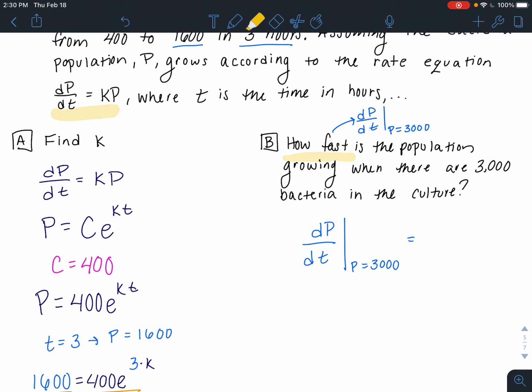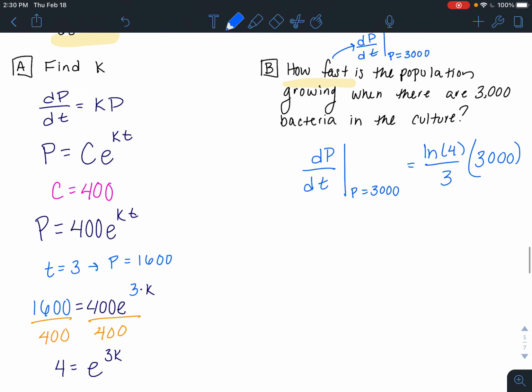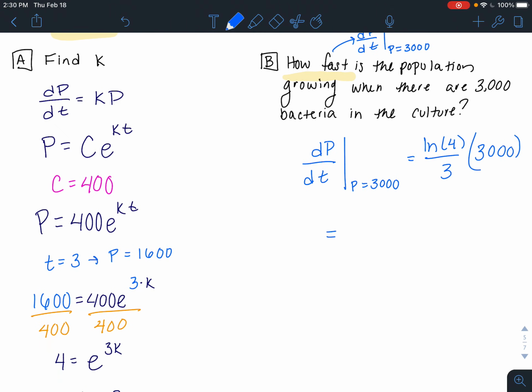So we're going to write in our evaluation bar, P equals 3,000. And then we go back to this modeling equation, dP/dt equals K times P. We know that K is the natural log of 4 all over 3, and we're told that our P value is 3,000. So I can reduce that a little bit first. That's going to be the natural log of 4 times 1,000. So we could leave it like that, or we could go to our calculators, which is what I'm going to do.